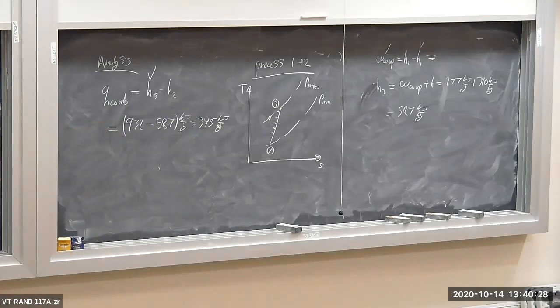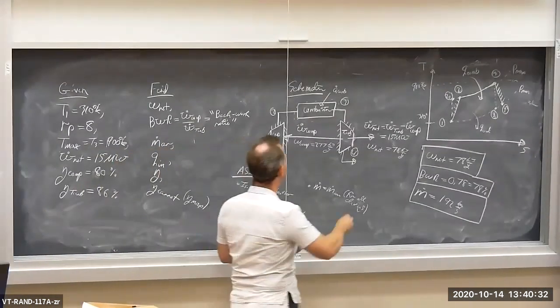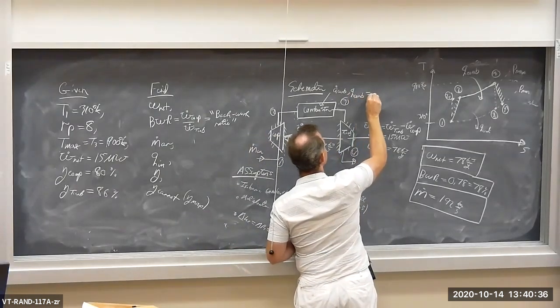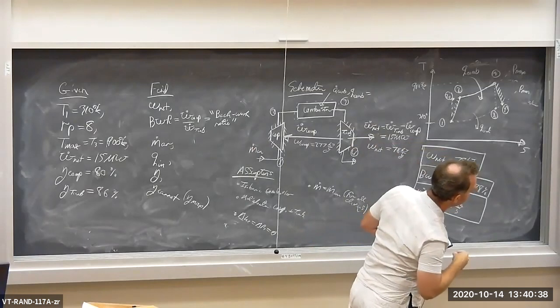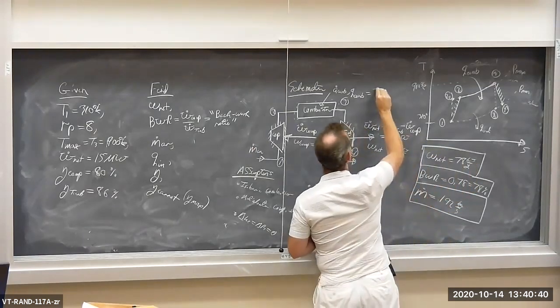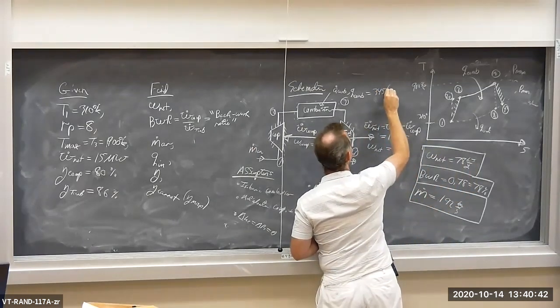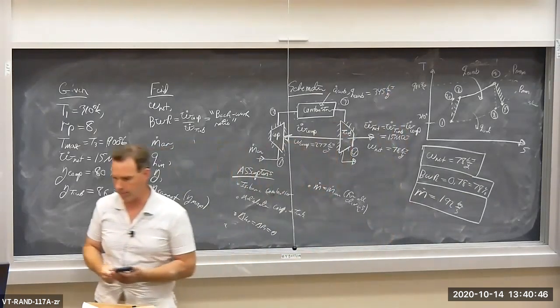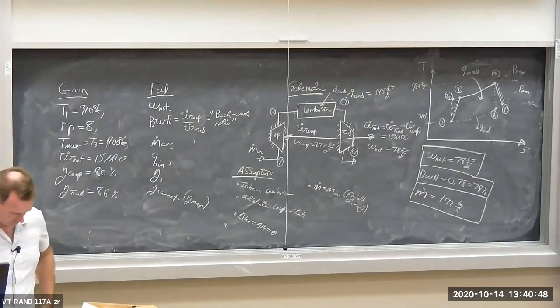So let me write what my Q in the combustor is. Q combustor is 345 kilojoules per kilogram.